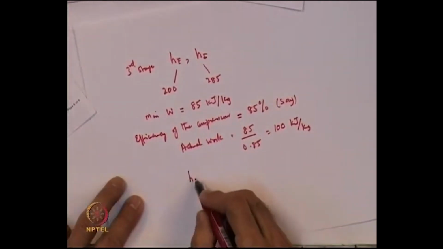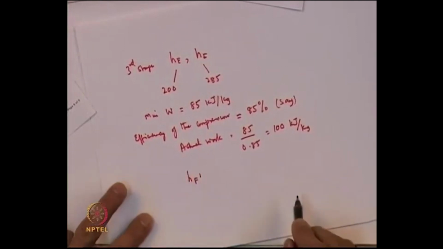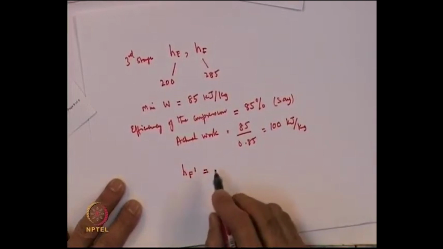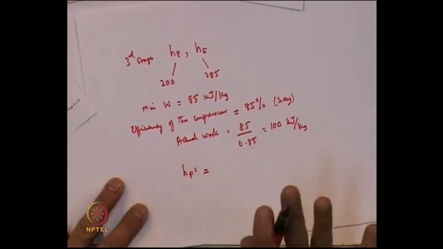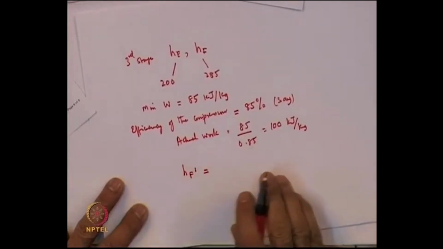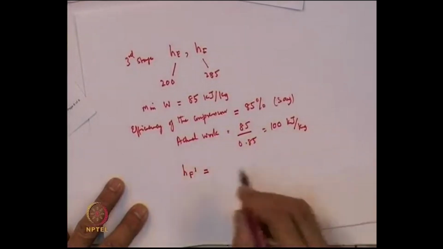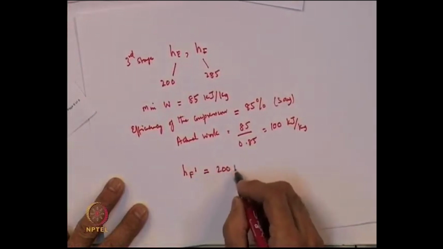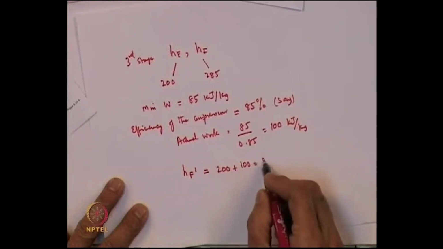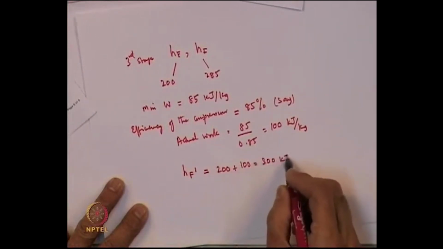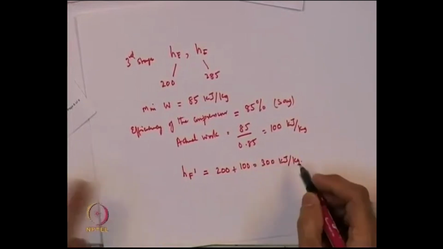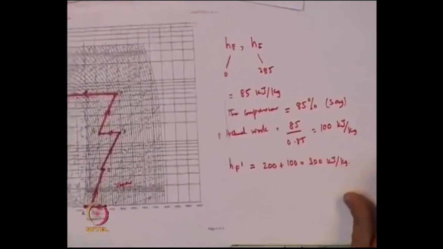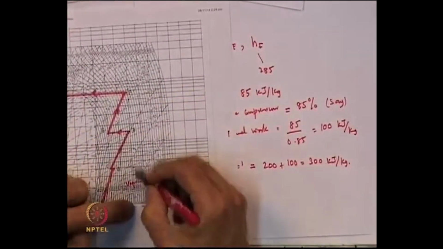Then the enthalpy at F prime, the actual at the end of compression: remember that the work done is always equal to delta H in an adiabatic process. So, HF prime is actually 200 plus 100, which is 300 kilojoules per kg.